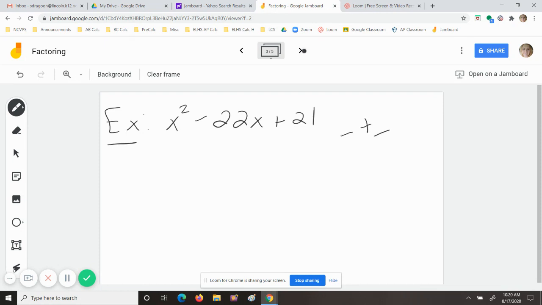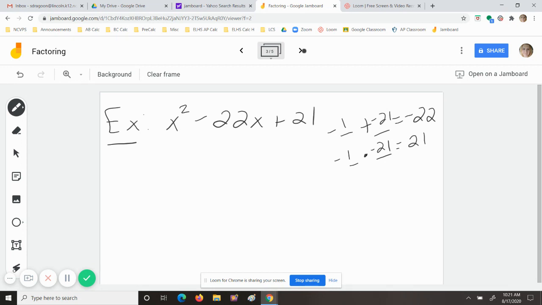So this time we're looking for two numbers that add together to equal negative 22 and multiply together to equal positive 21. If you start thinking through your factors that could work, that's going to be negative 1 and negative 21. That will work for both of those. That will add together to equal negative 22 and multiply together to equal positive 21.